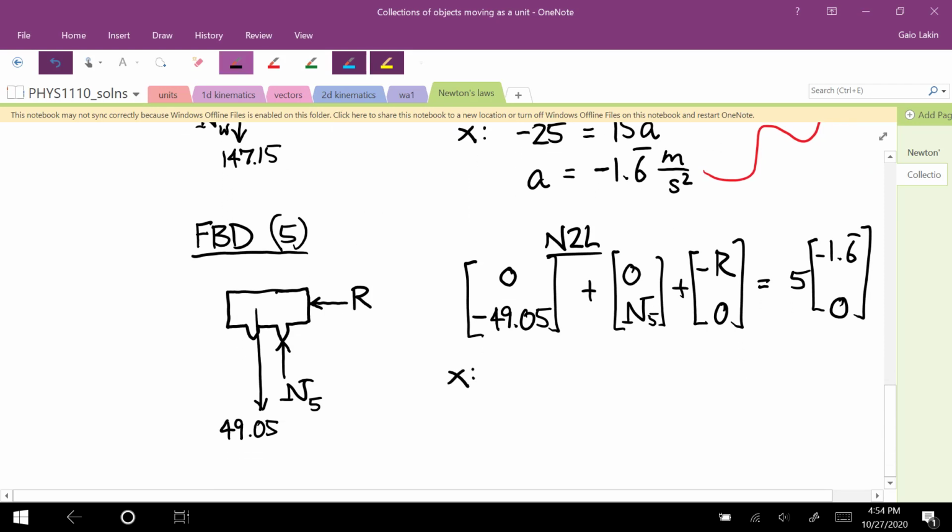The x equation says negative R is equal to 5 times negative 1.6 repeating, which is negative 8.3 repeating.